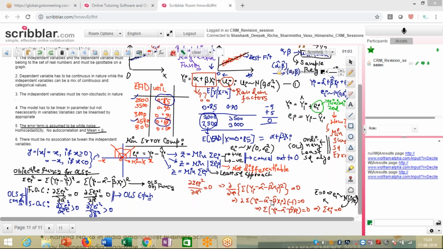So number one, the error terms are not correlated among themselves, and second, the independent variables and the error terms are also uncorrelated. They are separate from each other.